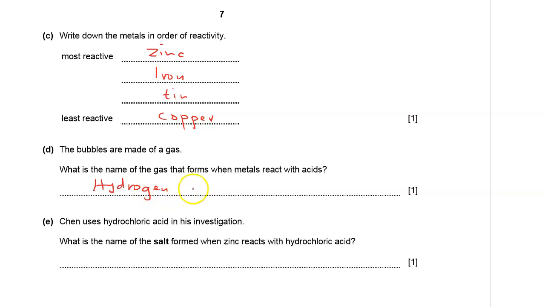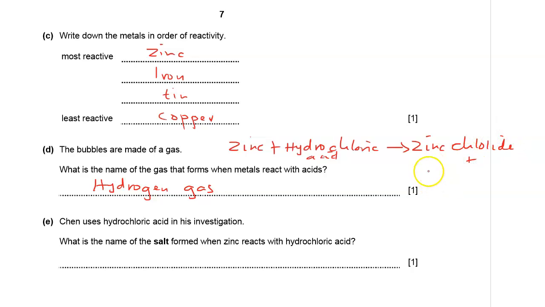For example, if zinc reacts with hydrochloric acid, the products are zinc chloride, which is a salt, plus hydrogen gas. So the gas that is formed when metals react with acids is hydrogen.